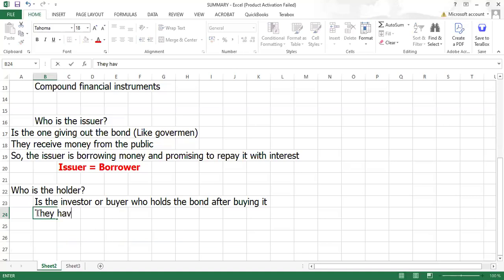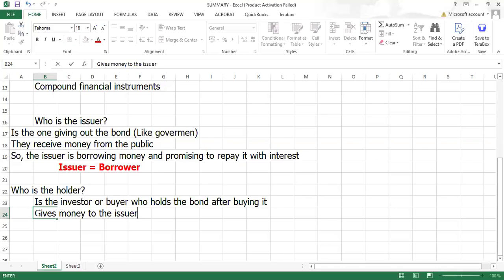Here the holder gives money to the issuer, the one who issued this bond. So it's like you're lending.